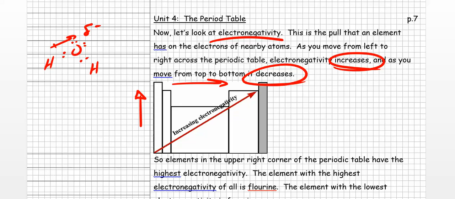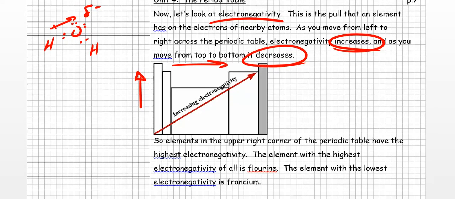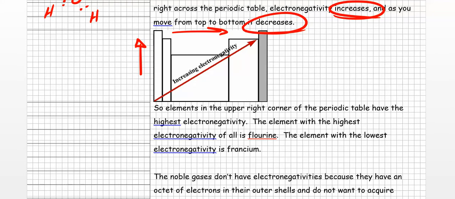All right, so what's the element that has the highest electronegativity of all? As it turns out, it's not helium. Helium, if you look at a periodic table, is the most upper and to the right, right? But it's not helium. And the reason is that noble gases don't have electronegativities. So excluding the noble gases, the element that has the highest electronegativity is going to be fluorine.